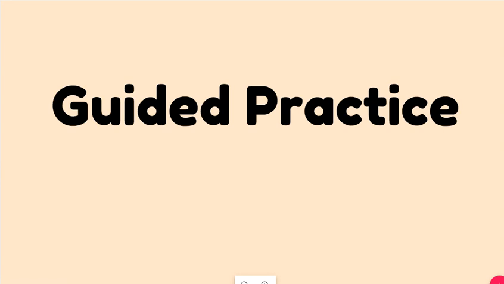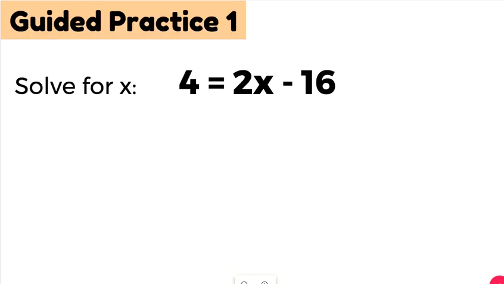So go back to example 1, 2, 3, 4, or 5. See if you can find one that looks similar and walk yourself through the steps. Try these on your own. Here's our first guided practice. So copy that down and hit pause. And then we'll go through the answer.